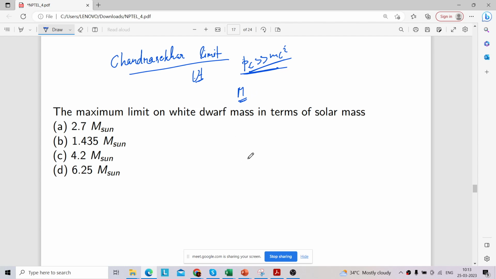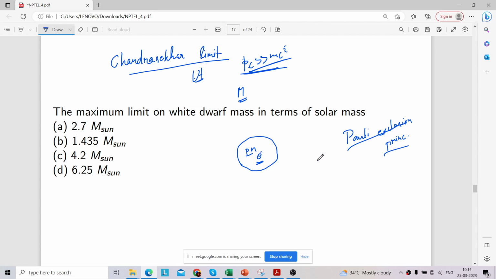If a star is there, it consists of protons, neutrons and electrons, right? So these are all fermions. We know from our previous classes that fermions obey the Pauli exclusion principle.